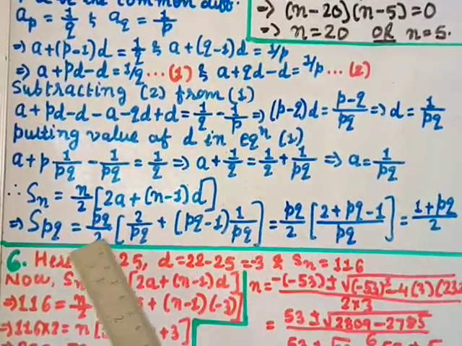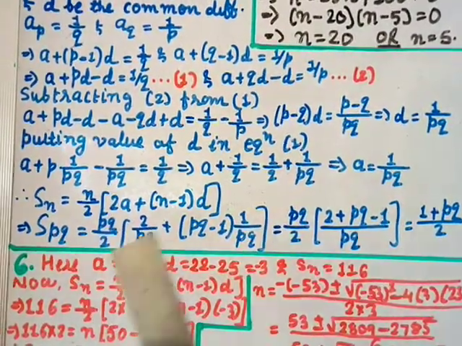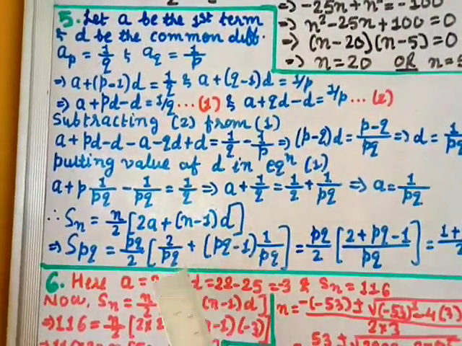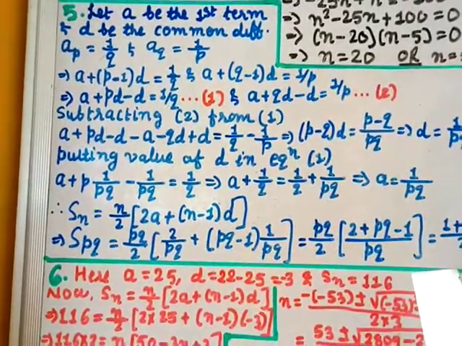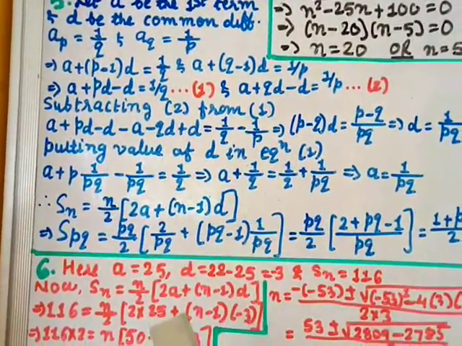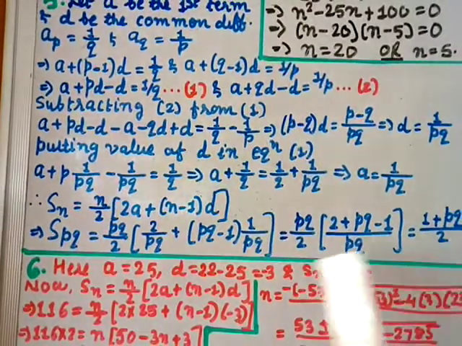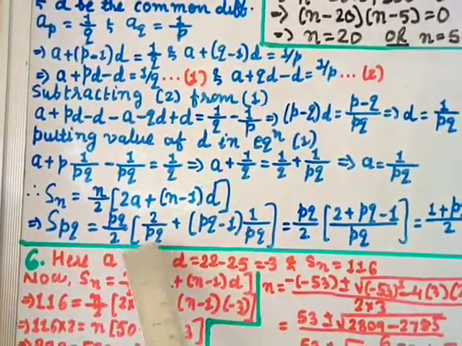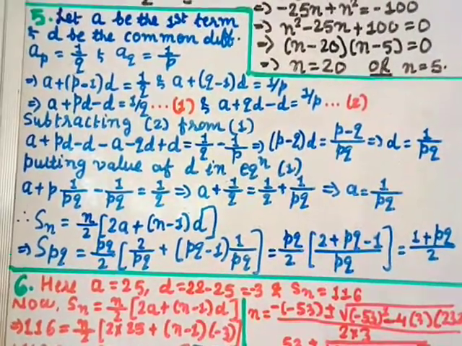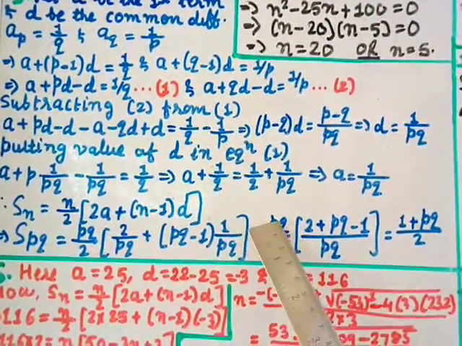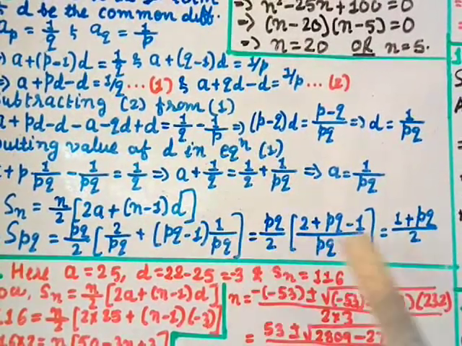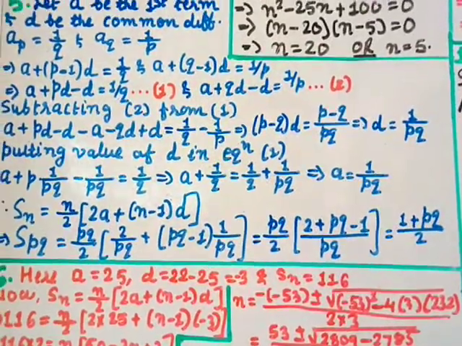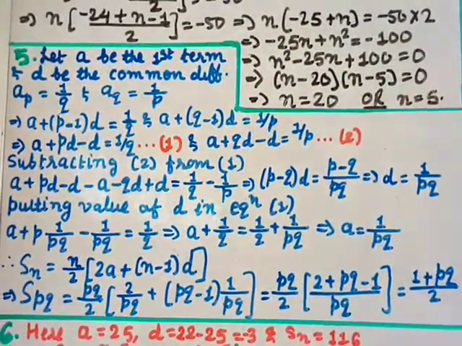This implies, since the denominator pq is the same, I can just add the numerators. So keep pq by 2 as it is, and you get (2 plus pq minus 1) divided by pq. Here pq and pq can cut, the 2 remains, 2 minus 1 gives 1, and pq remains as it is. So that is the solution for question number 5.